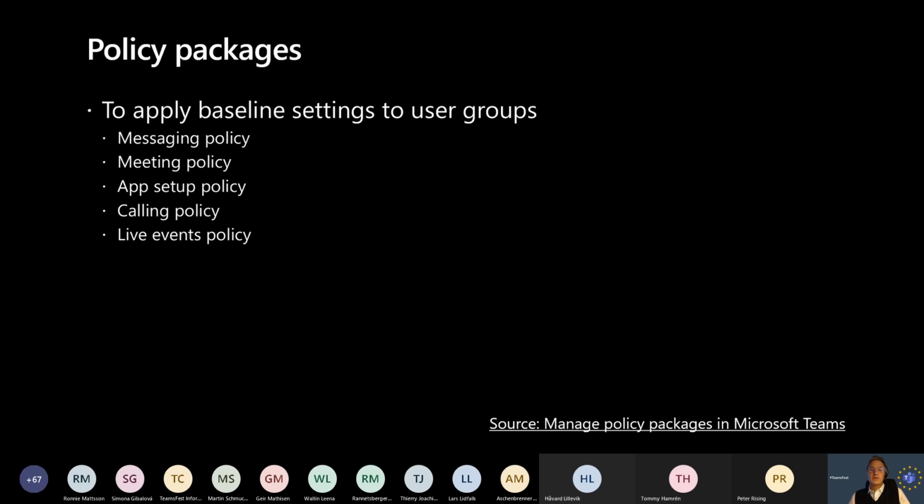And you can use the packages that are included in Teams, and soon you can also create your own custom policy packages. You can customize the settings of the policies in a policy package to suit the needs of your users. And when you change the setting of your policies in a package, all users who are assigned to that package get the updated settings. All these are managed via the Teams Admin Center or via PowerShell.